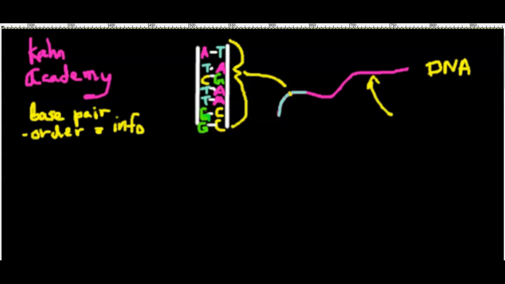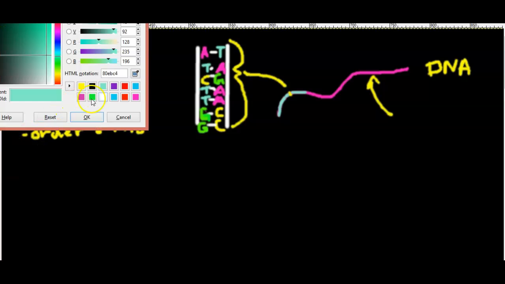So that's what we're going to do right now. We're going to make these different sections here. They're going to be coding for different sections or different proteins. So these are going to be different genes. There's our DNA. Let's just look at 2 different genes.